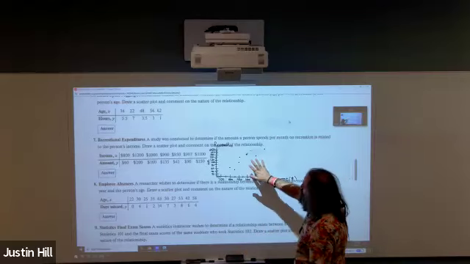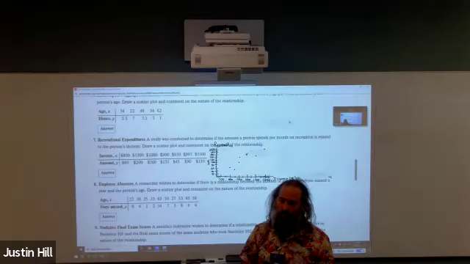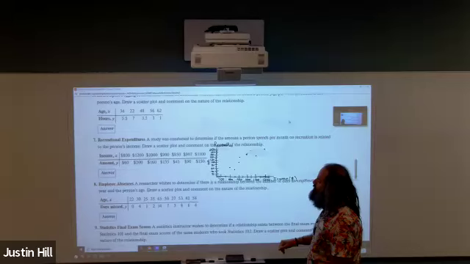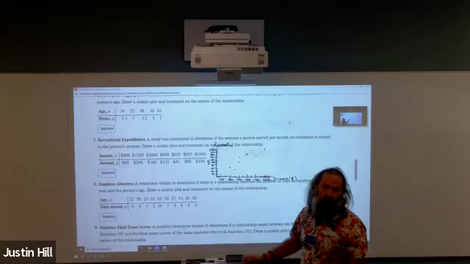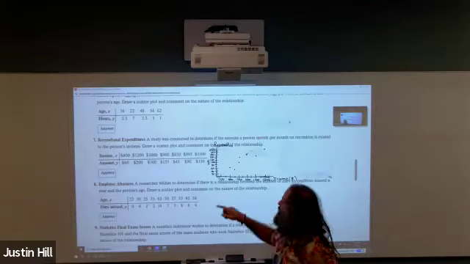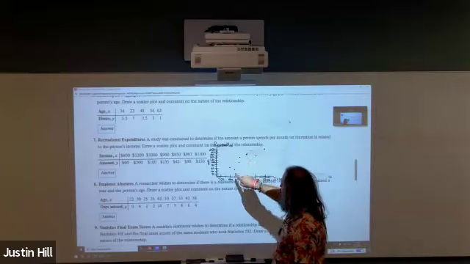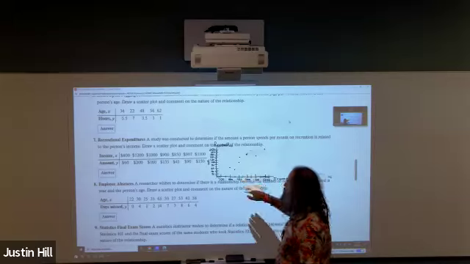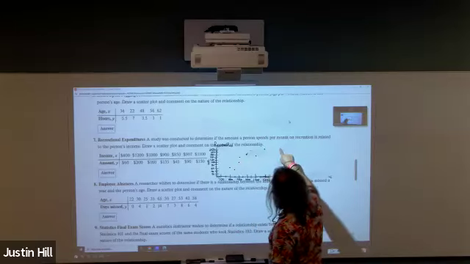Notice that when I graph statistical data like this, or data from some experiment, some survey, this data does not fit a nice line or a curve. It does seem to have a pattern to it, but even within that pattern, it's all over the place, right? So this data looks like it fits sort of a gentle curve like this.